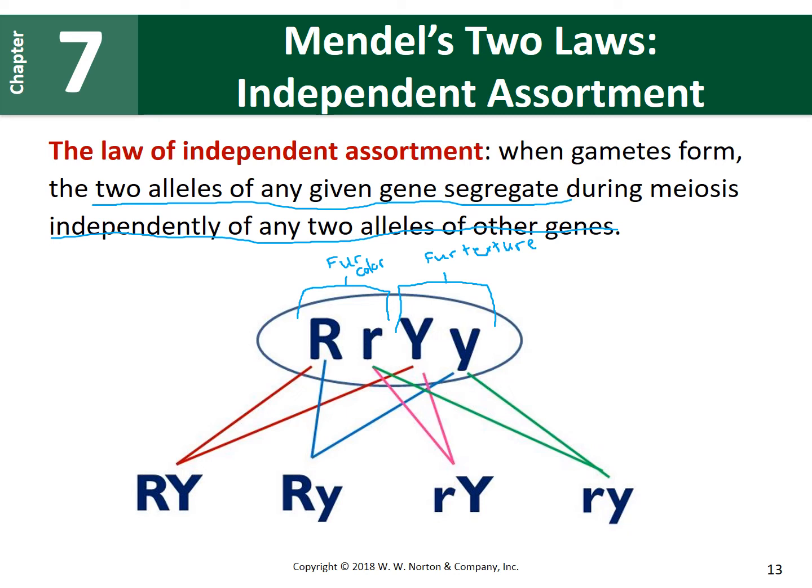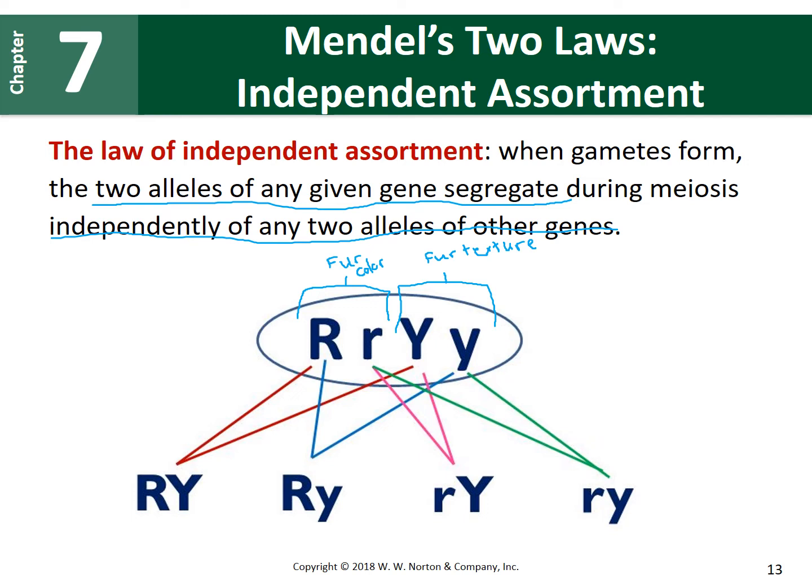In this case, big Y could be curly, little y could be straight. Still fur texture, just alternate versions of it. So here we have two different genes, one looking at fur color, the second looking at fur texture. What the law of independent assortment states is that the two alleles for fur color will separate independently from the two alleles for fur texture.